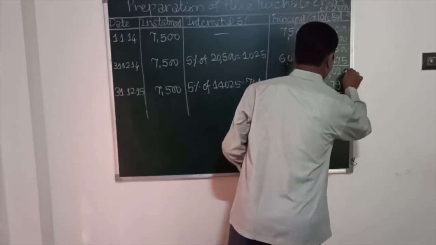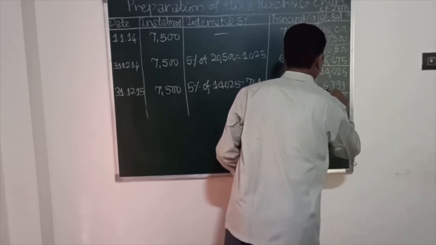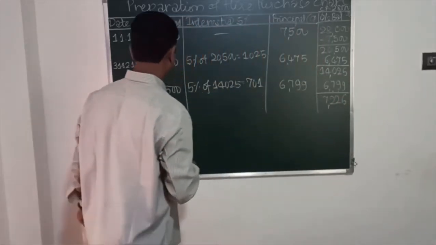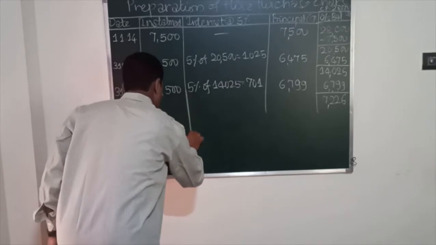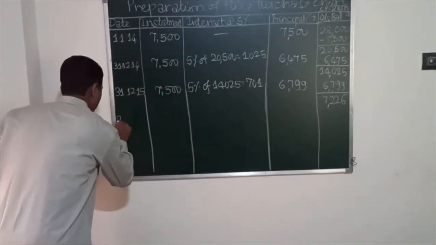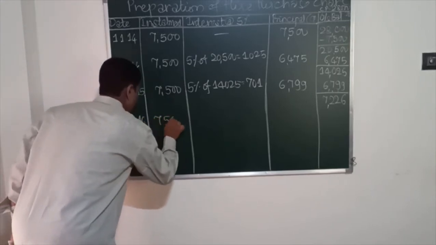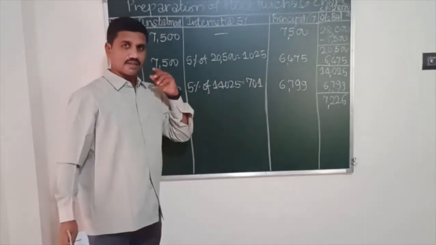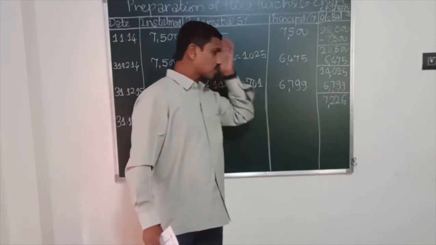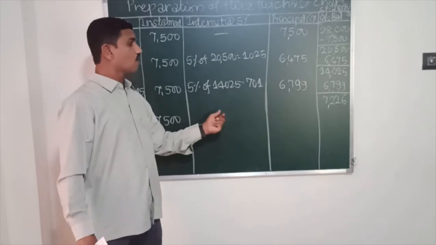So when you deduct this 6,799, the difference here is 15 minus 9, 6, carry 1, 12 minus 10, 2, carry 1, 10 minus 2, carry 1 here, 14 minus 10, so 7,226. So as this is the last year, that is the last installment, that is 31st/12/2016, so 7,500. So at the end, after payment of the third installment, there should not be any balance here. So when you calculate 5% of this amount here, you are going to get 300 something, which will be remaining.